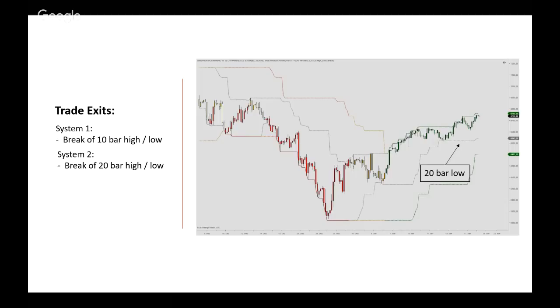Of course, waiting for this 10 or 20 bar new higher low often meant giving back significant profits, and there was a strong tendency to want to take exits earlier on. But in order for this system to work, it was necessary to stay in the positions waiting for the really big move here.